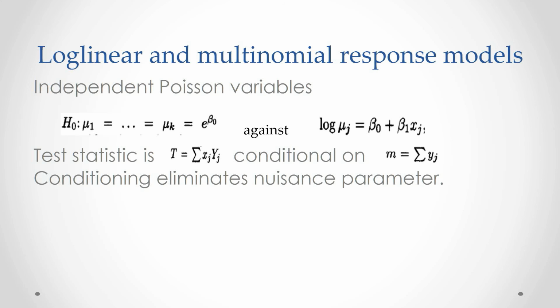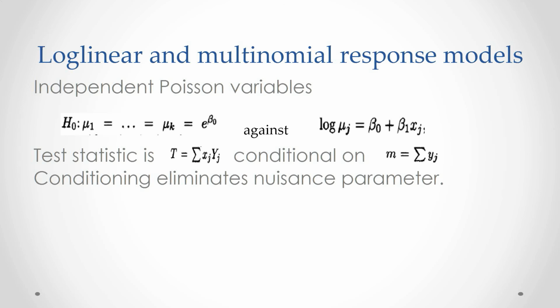some constant which we parameterize as e to the power beta naught. The alternative hypothesis is that for some unknown parameter beta 1, the log linear model holds, which is log mu j equal to beta naught plus beta 1 xj. Xj, of course, are some given constants.